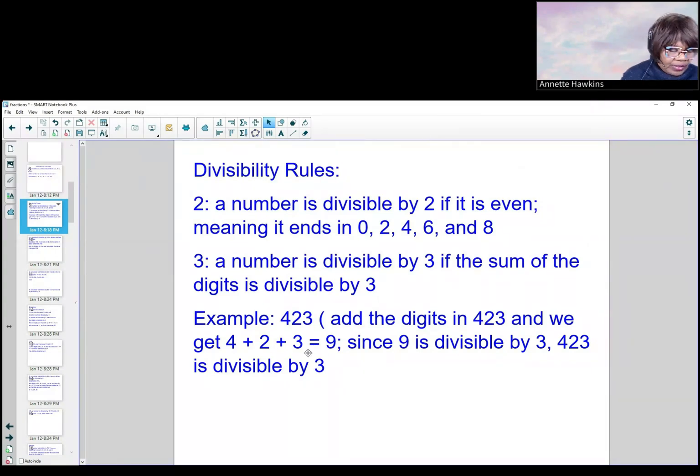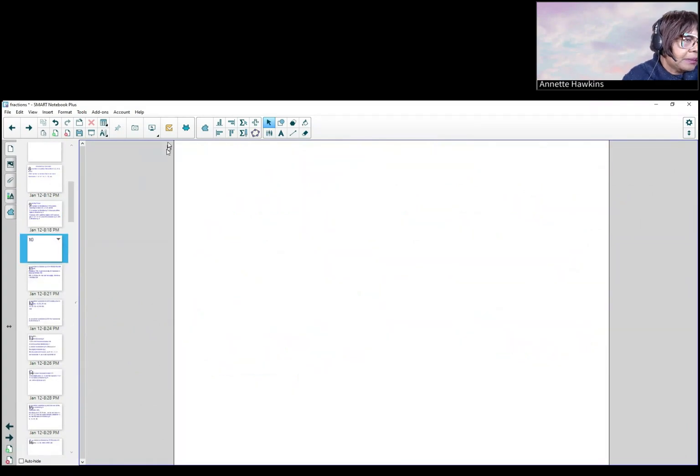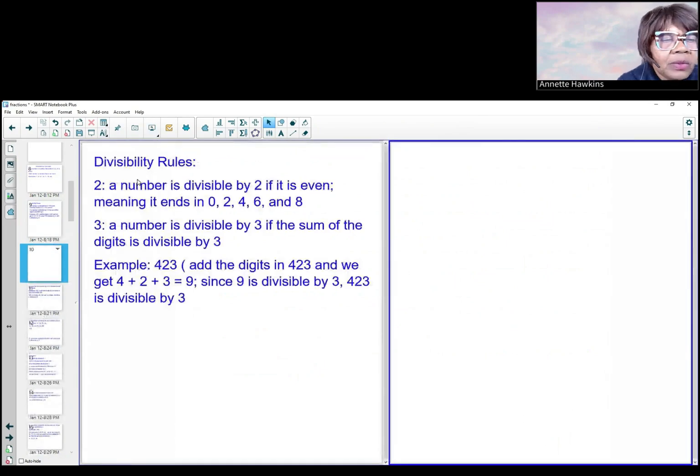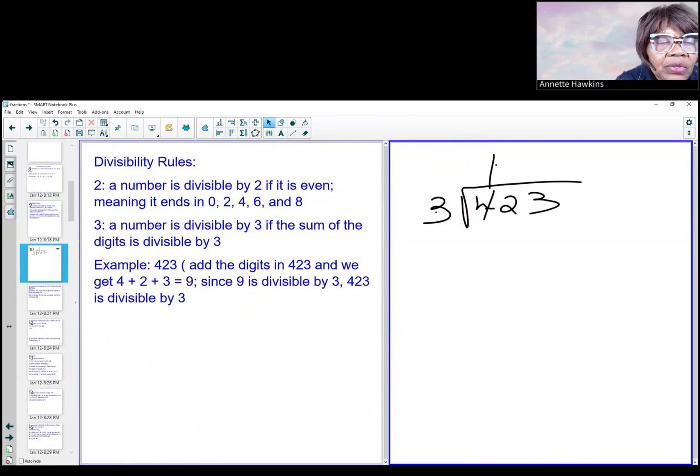So let's show that. So 3 into 423. 3 we divide 4 one time, 3 is 3. Let's subtract 1.